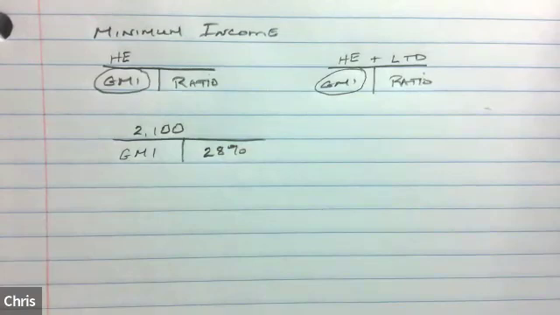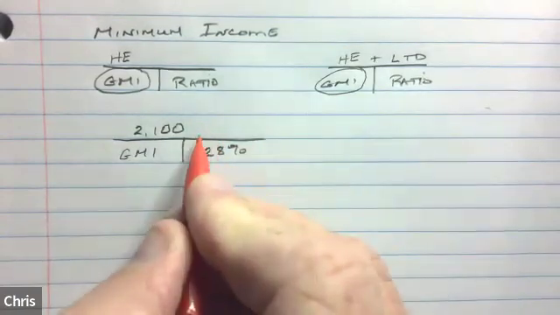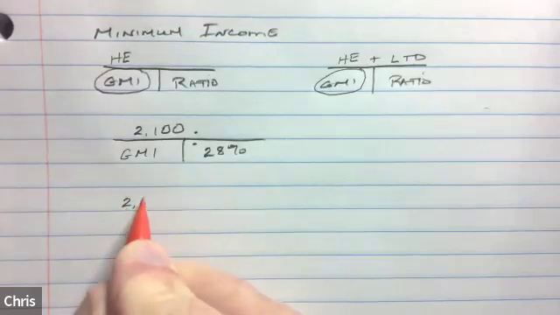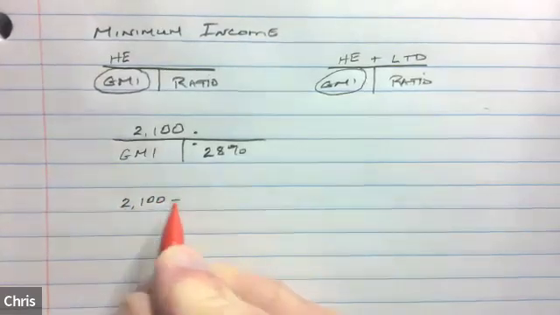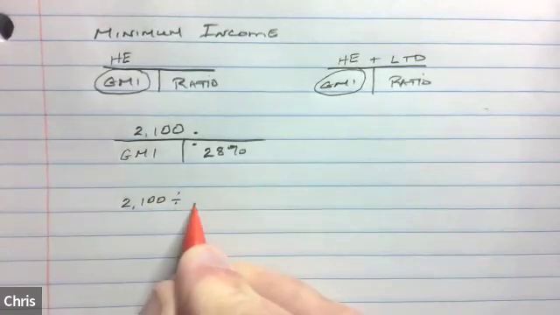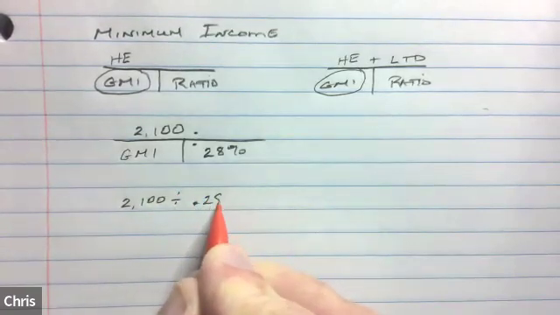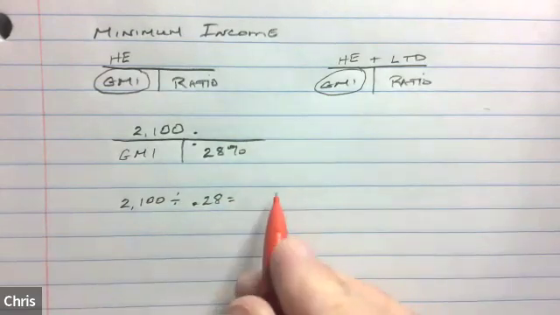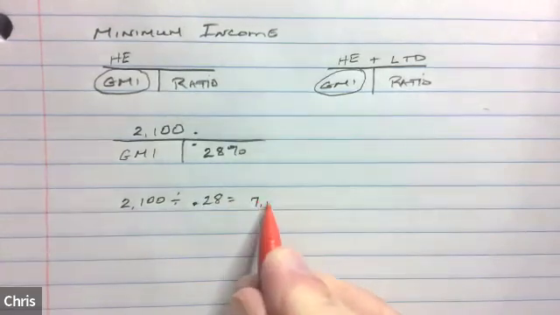So in this particular case, on the front end, like I say, you plug stuff in, you hope something good happens. So boom, boom, 2,100 divided by 28% or 0.28. I have my calculator here. Let me run the number on that. Divided by 0.28. So based on this front end, we get a number of $7,500.